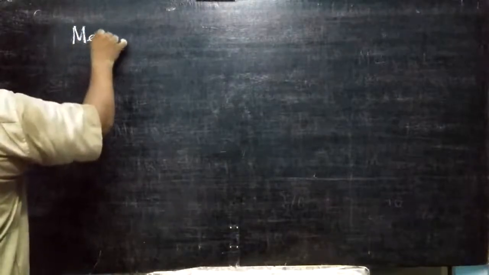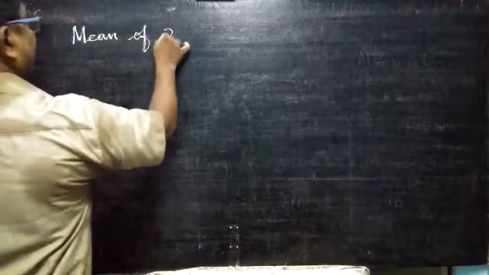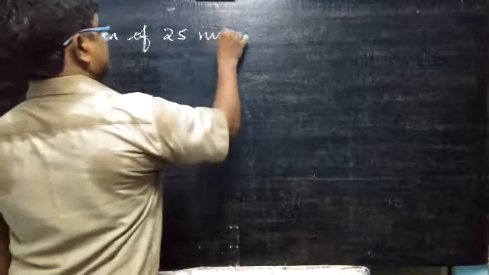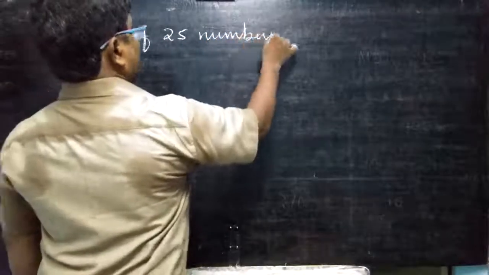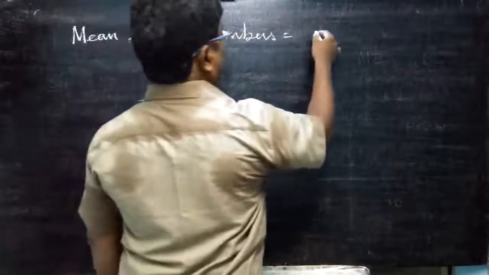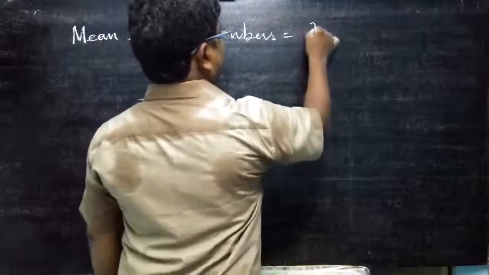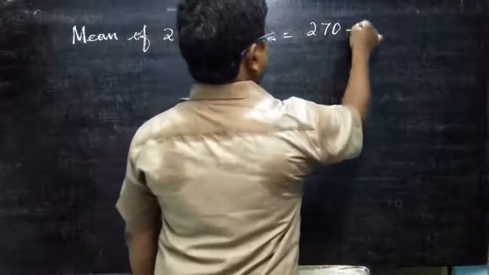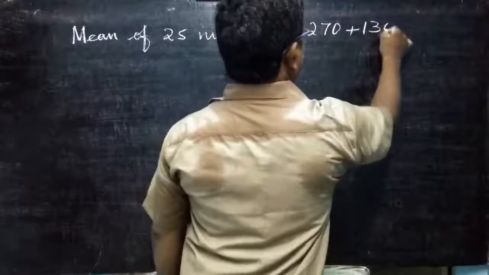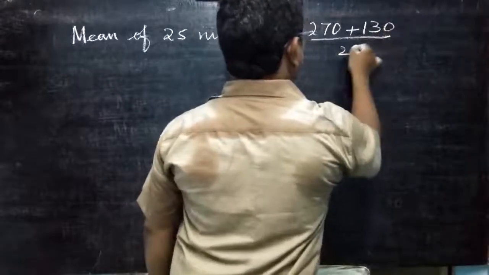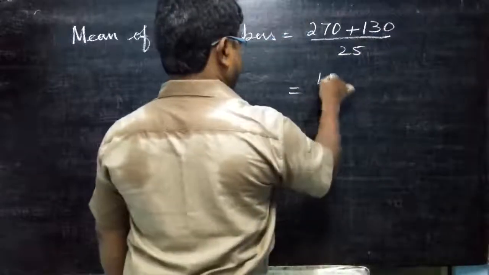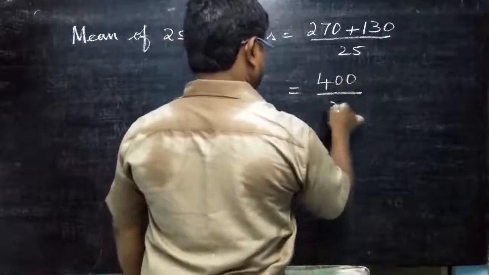Now they are asking to find the mean of 25 numbers. For the first 15, how much did we get? 270. And for the next, we got 130. So the total is 400 by 25.